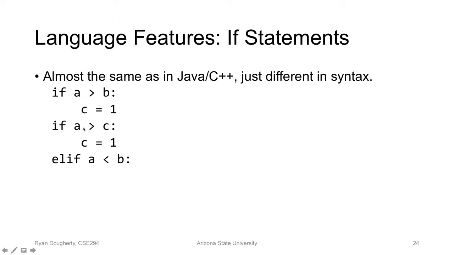If the condition right before, A is greater than C, is false, then it'll fall to this condition, then check A is less than B, and then do that if necessary. And then obviously we have else clauses, which, if everything above it has been false, will actually do this particular body. Okay?